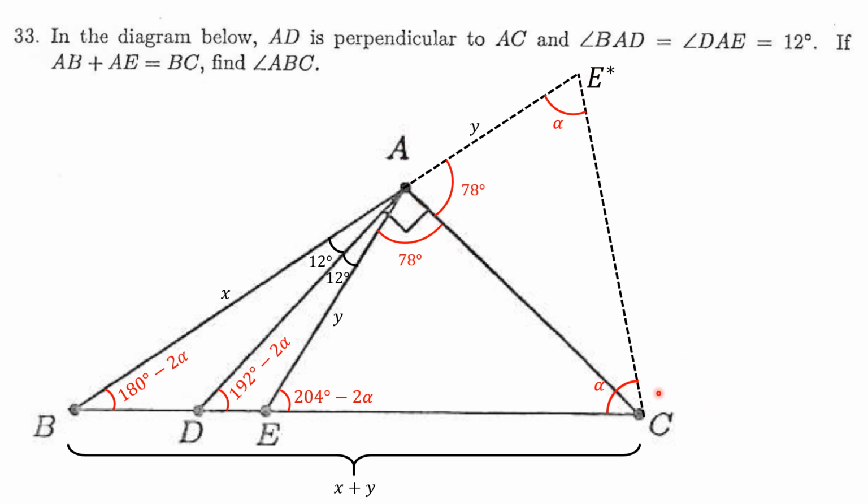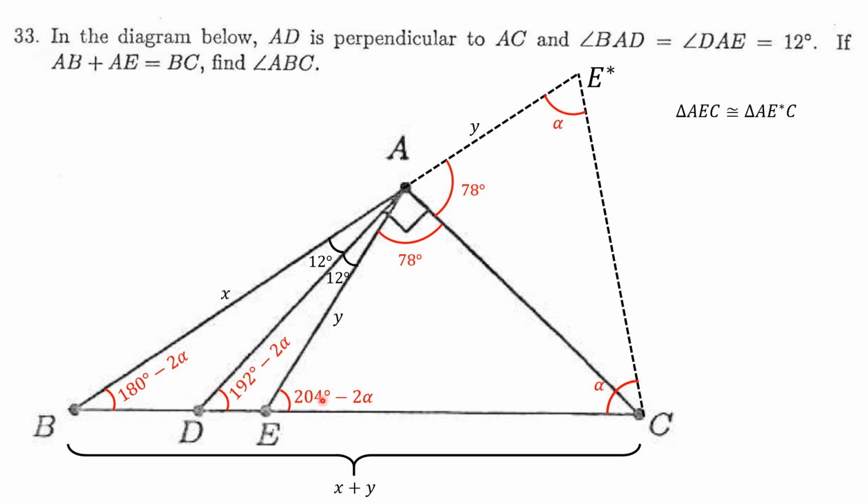Triangle AE prime C and AEC, this length AC is the same for both triangles. So these two triangles are congruent, right?